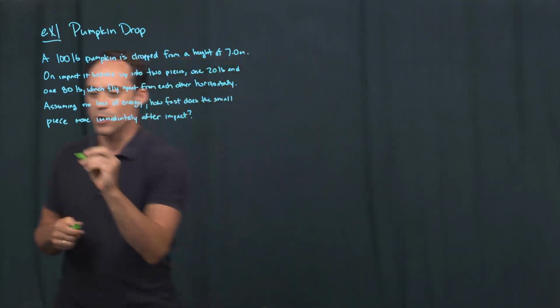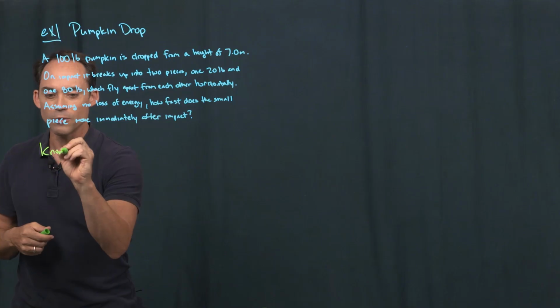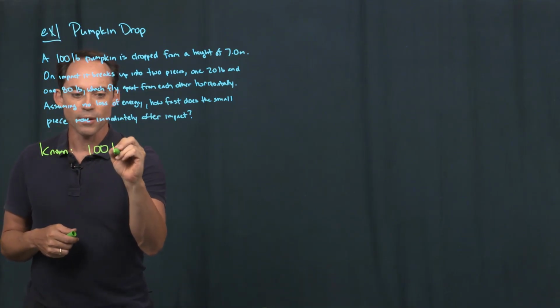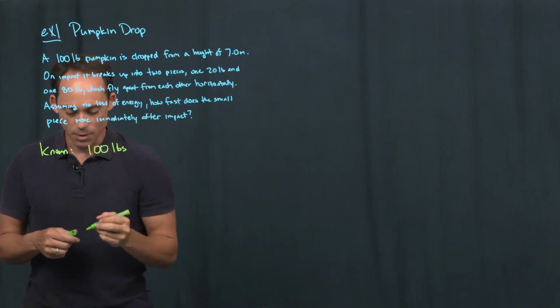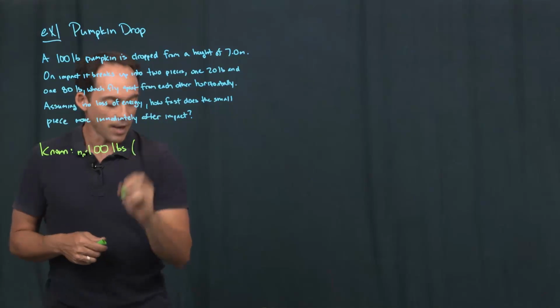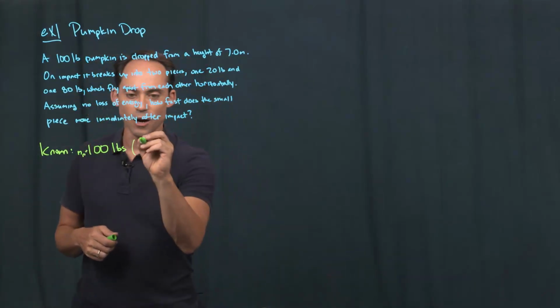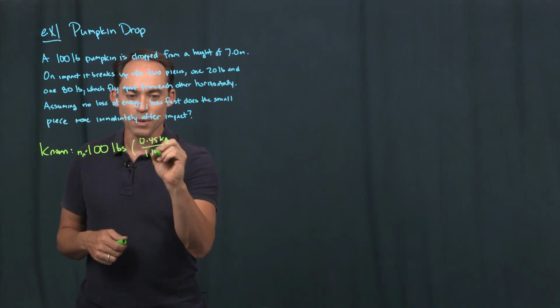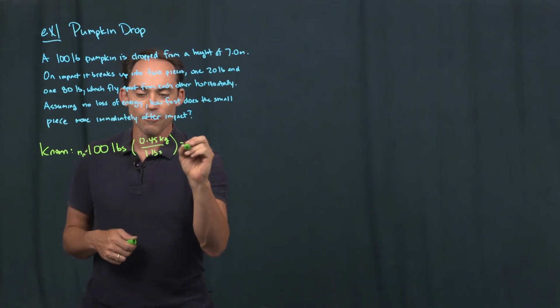So let's start this as before. We're going to look at what we know. Our known values include the mass of the pumpkin. We're given the weight of the pumpkin as 100 pounds, and again, we can convert that using our Earth-based conversion of kilograms to pounds, because pounds is a force.